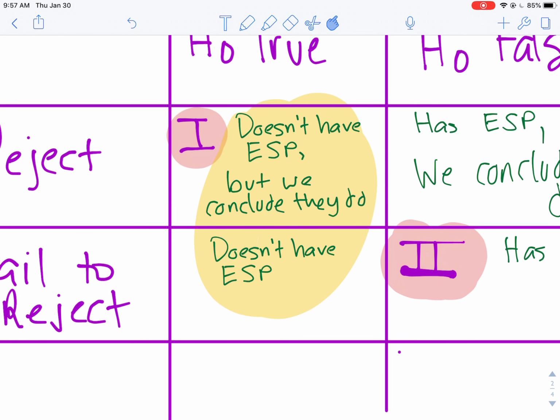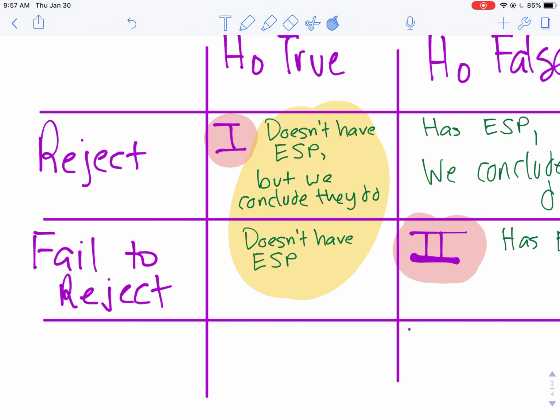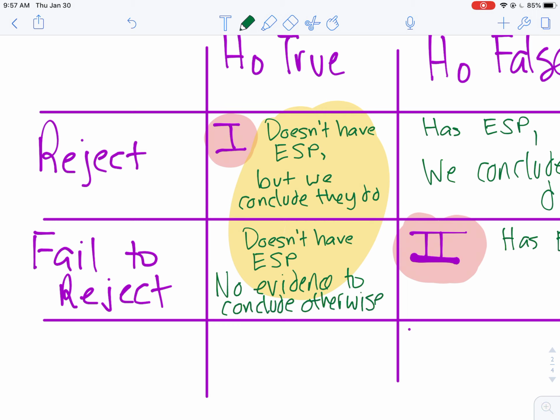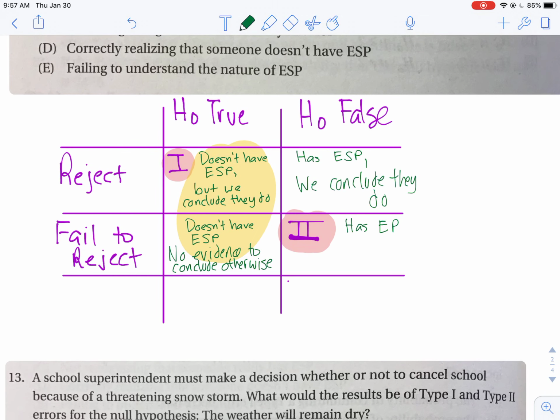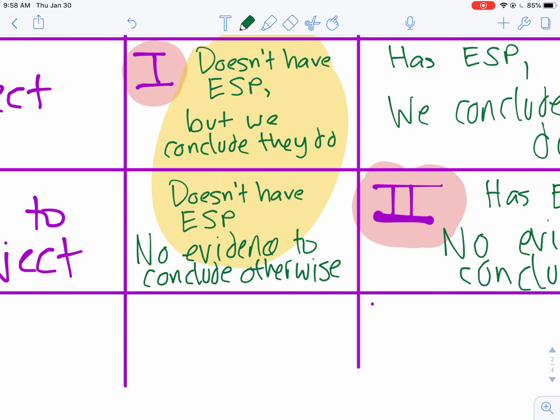We're not necessarily proving it's true, we just don't have enough evidence to disprove it. So I'm going to put no evidence to conclude they do in both of these. Instead of otherwise, I'm going to change that to they do. That might help us a bit with our context here.